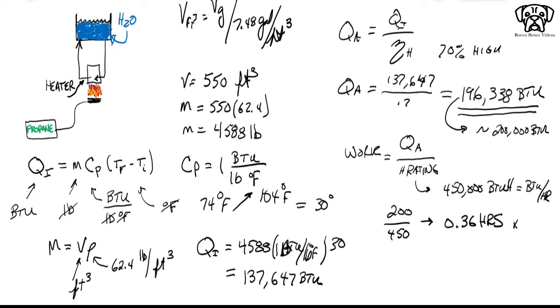So 0.36 hours, and if you multiply that by 60, you get about 22 minutes. So 22 minutes, you want to go in your hot tub, it's sitting there, you know your volume, it's sitting there at 74 degrees. You want to bring it up to 104, you got 22 minutes, okay?